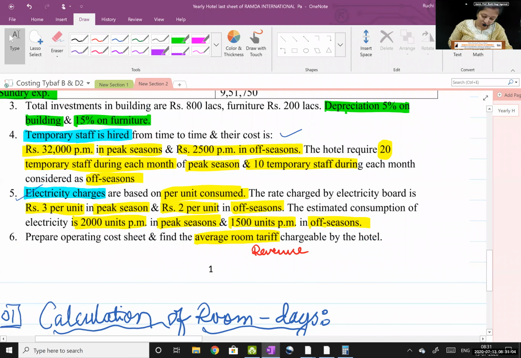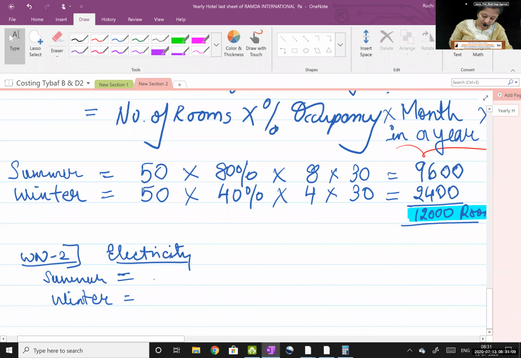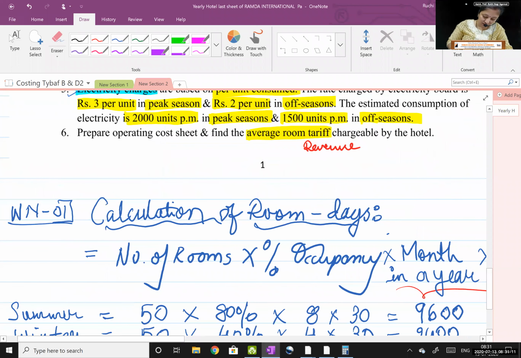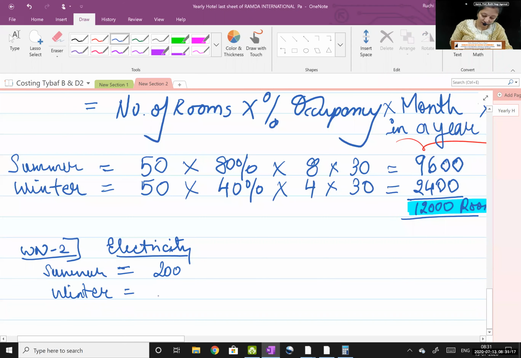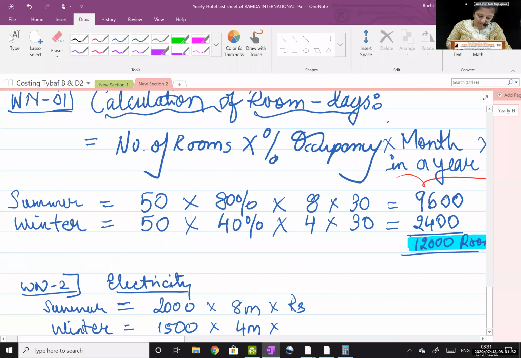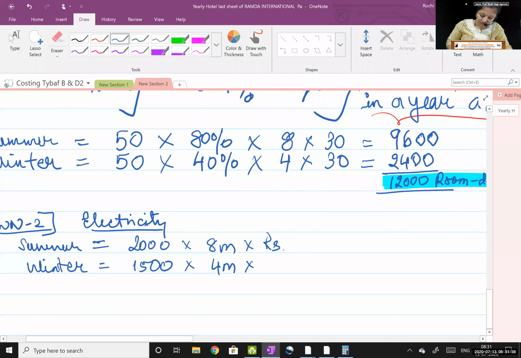Electricity, right? 2,000 during summer and 1,500 during winter. 2,000 units, and this is 1,500 units. Right? 8 months of summer, 4 months of winter, and then multiply it with the rate. How much is the rate? 3 rupees and 2 rupees. Multiply 3 rupees and 2 rupees.